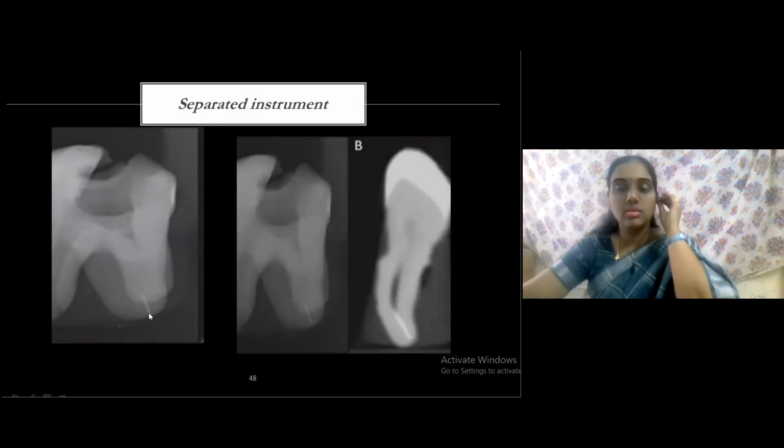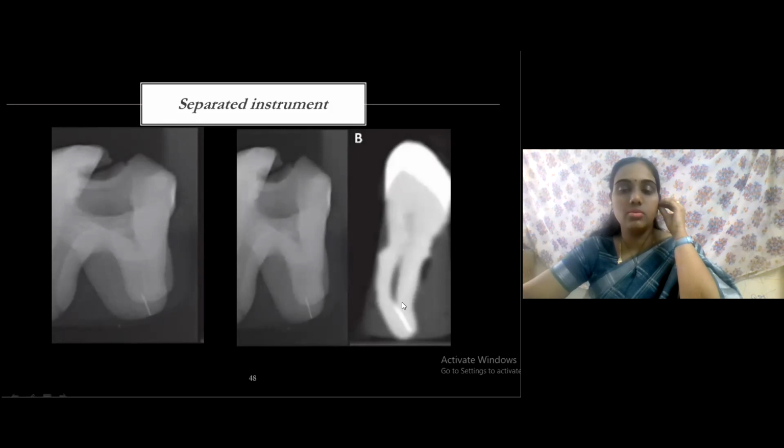And while taking the CBCT, you could see that there is a root curvature, and this instrument is exactly present sealing the apex. So in this kind of cases, there will be an alteration in the treatment by the physician, because for this the treatment is different, and for this the treatment is different. I think for this we need not remove the instrument at all.